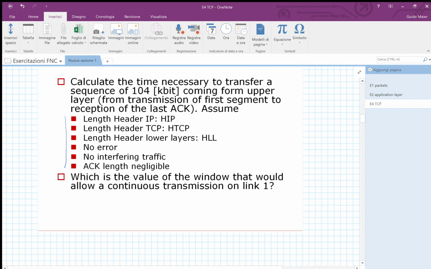They are all given in a symbolic form. There is no transmission error, there is no other traffic, and the acknowledgement length is negligible. So the first question is to calculate the time necessary to transfer that sequence, and the second question is which is the value for the window that would allow continuous transmission on link 1.